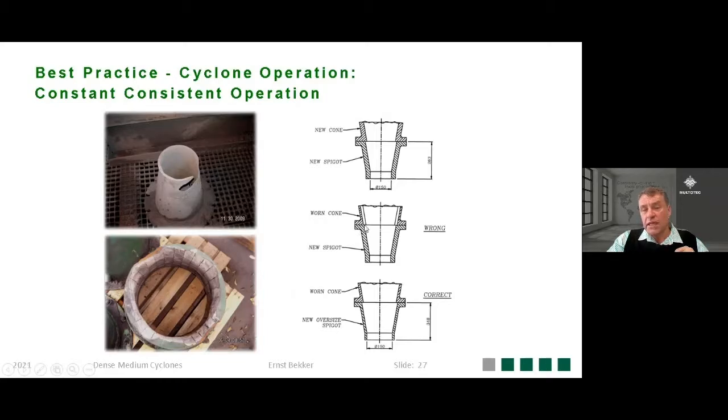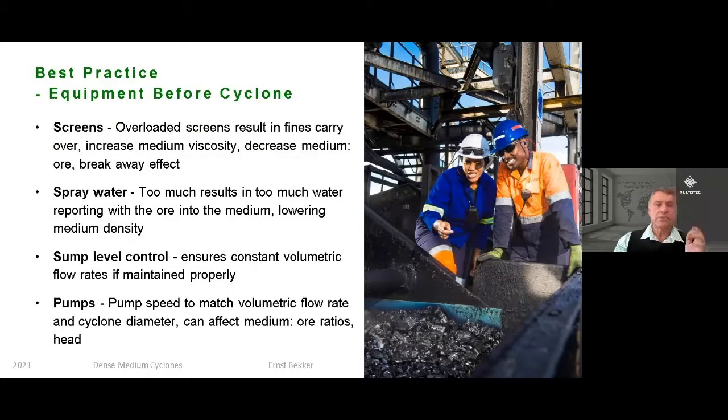So when you put in a standard spigot, the diameter at the top of the spigot is smaller than the diameter at the bottom of the cone. That's where the oversized spigot is coming in. The exit diameter is the same, but it's the top diameter that's different. That is a valuable option to extend the life of your dense media cyclones.